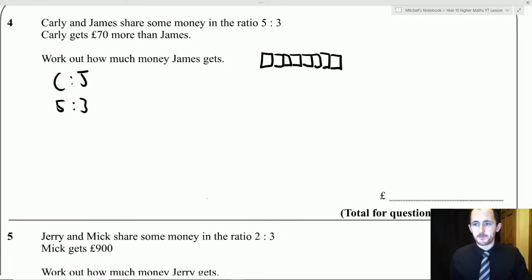Okay. Now, James gets the first 3, and Carly gets the other 5. Right? But it's telling me that Carly gets £70 more than James. Okay? Now, Carly gets 2 parts more than James.